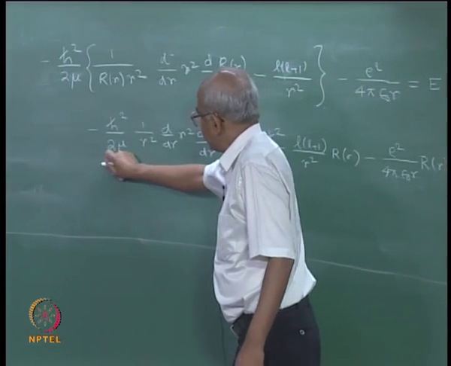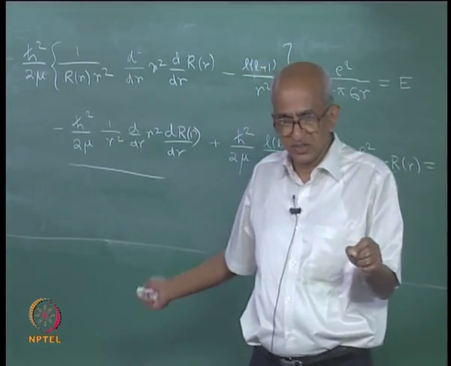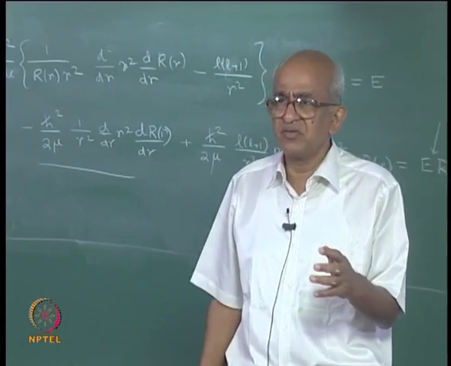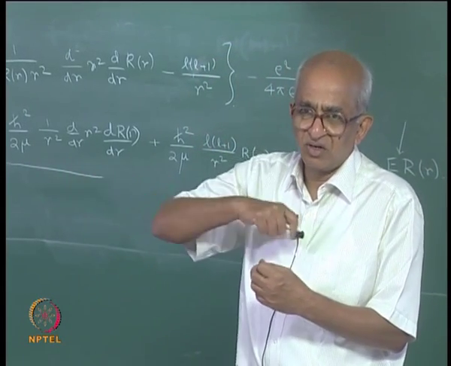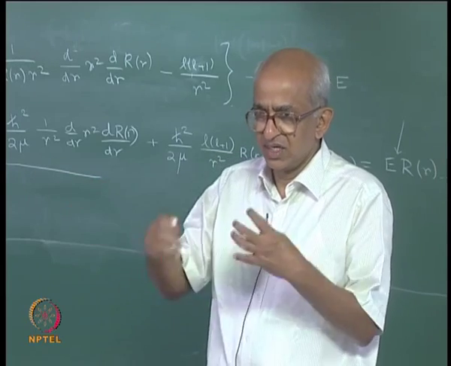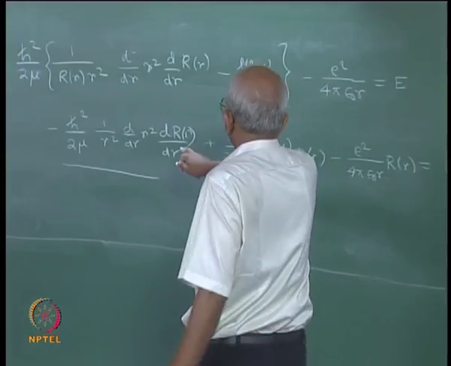This term is what? This is coming from kinetic energy for radial motion. And remember, this equation is a Schrodinger equation which describes the radial motion, how the distance of the electron varies from the nucleus. That is what this equation describes, and this is definitely coming from kinetic energy.